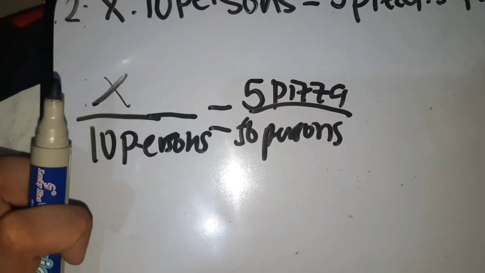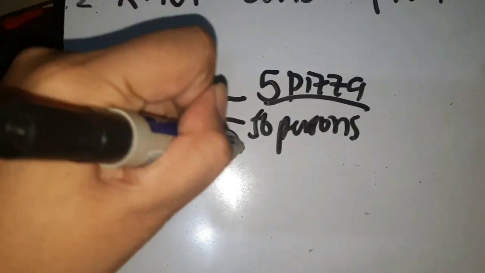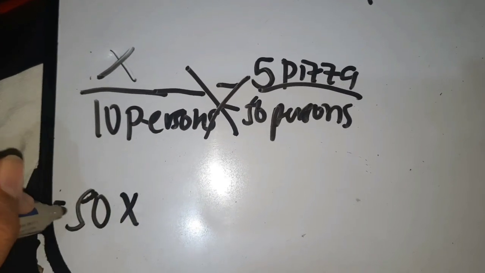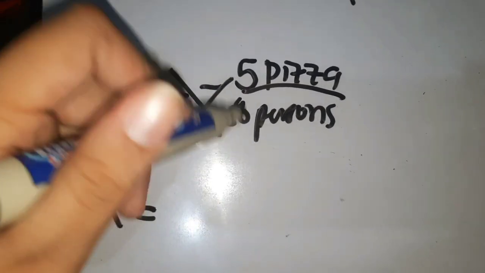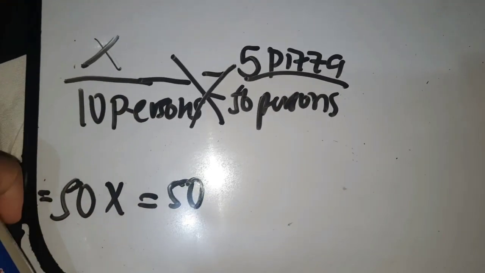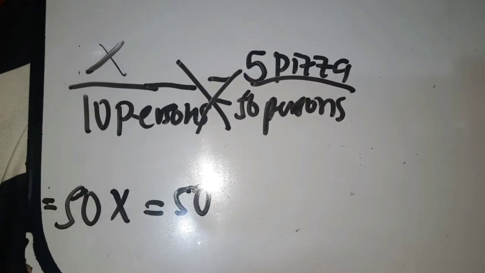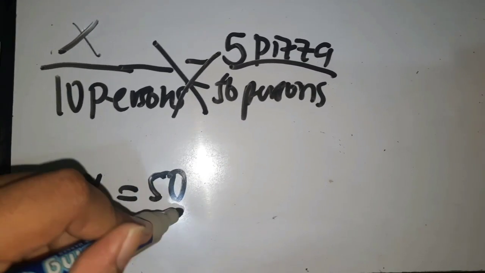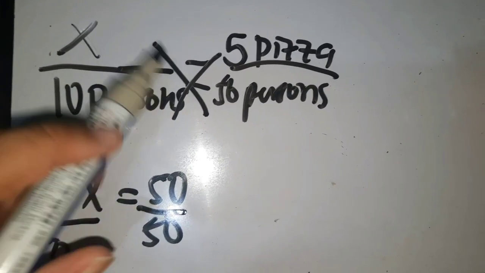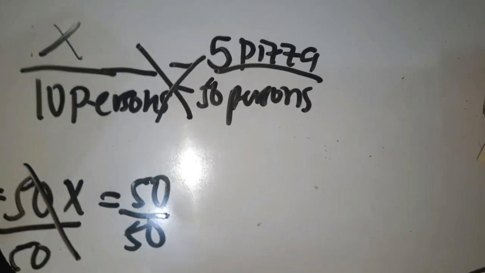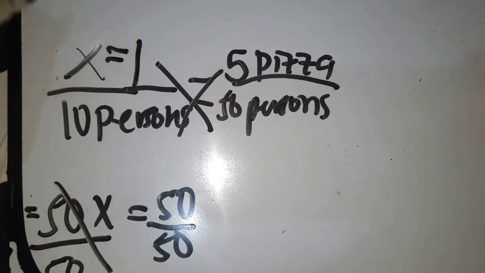And then, cross multiply again. 50x is equal to 50. Here we copy this 50 as well, since 50 was also the result of the cross multiplication. Then, cross out. 50 divided by 50 is 1. So, x is equal to 1 pizza.